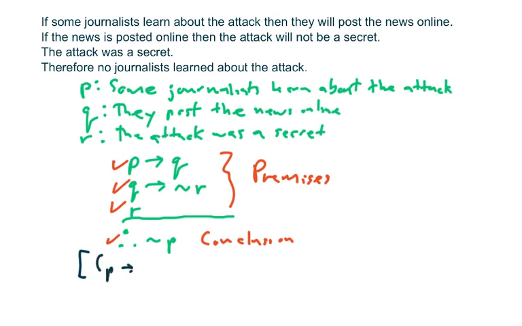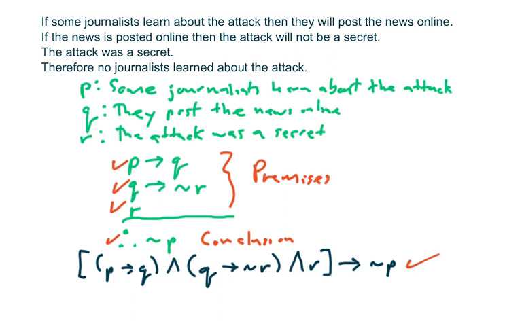P implies Q, and Q implies not R, and R. If all of those premises are true, then the conclusion, and the conclusion is not P. So we will write a truth table involving P, Q, and R and examine this statement right here.